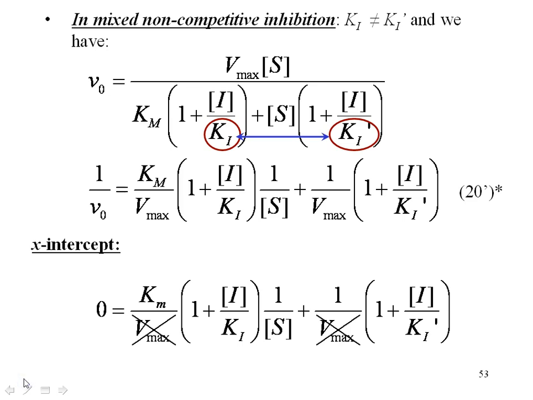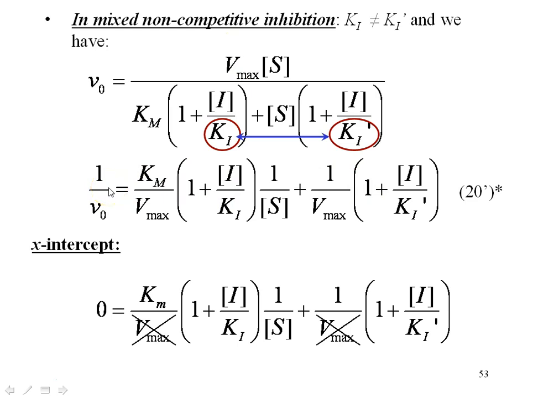Now, if we form the reciprocal of this equation, so I take the reciprocal of that side and the reciprocal of that side, the reciprocal of that side is just 1 over V0. The reciprocal of that side, you take every term and divide it by Vmax over S. So that term divided by that, and that term divided by that, and you get these two terms.